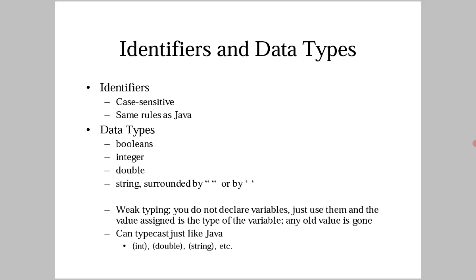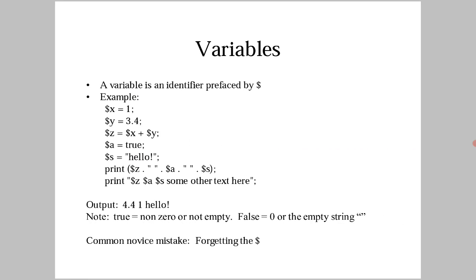What are the different types of data types in PHP? Integer, double, boolean, string, like that. Now variables: what is a variable and what is a constant? A variable is used to store some value in a memory location referenced by a variable name.